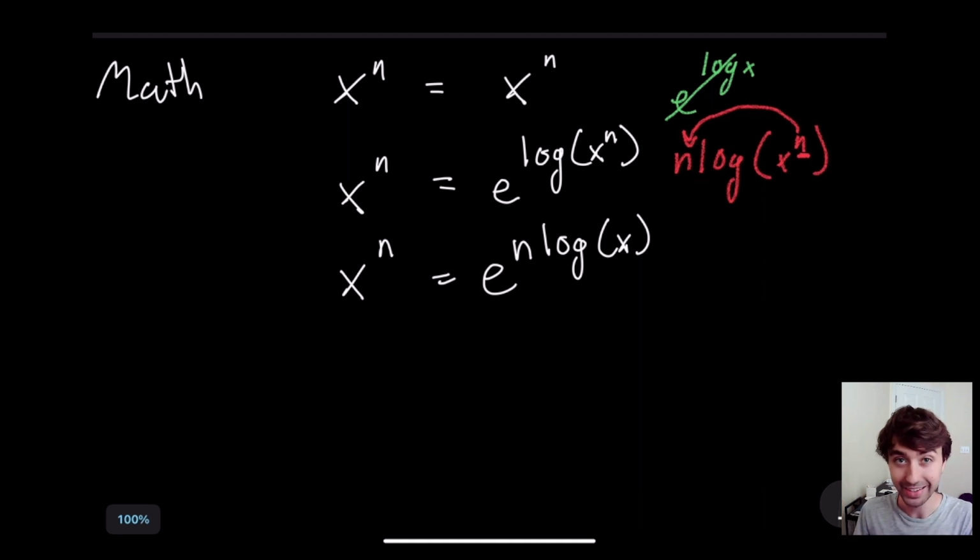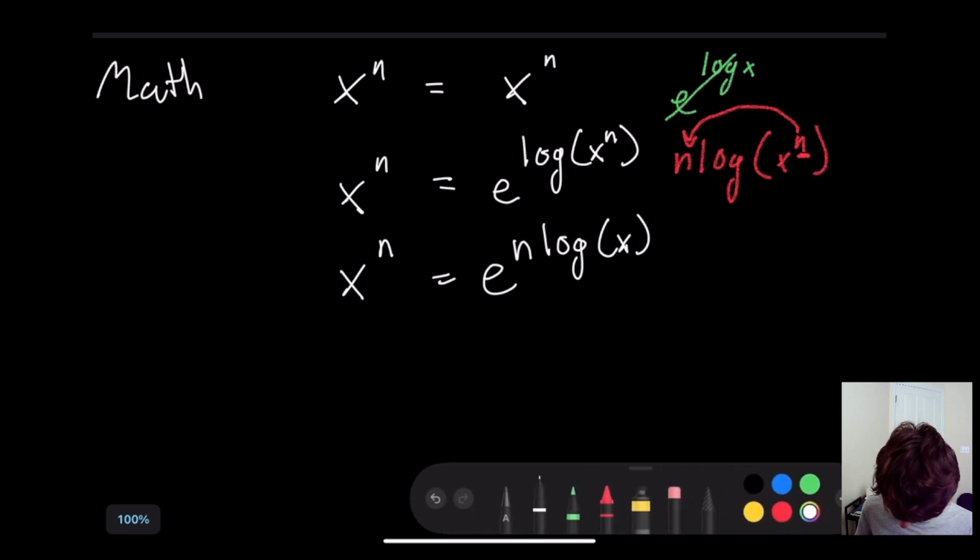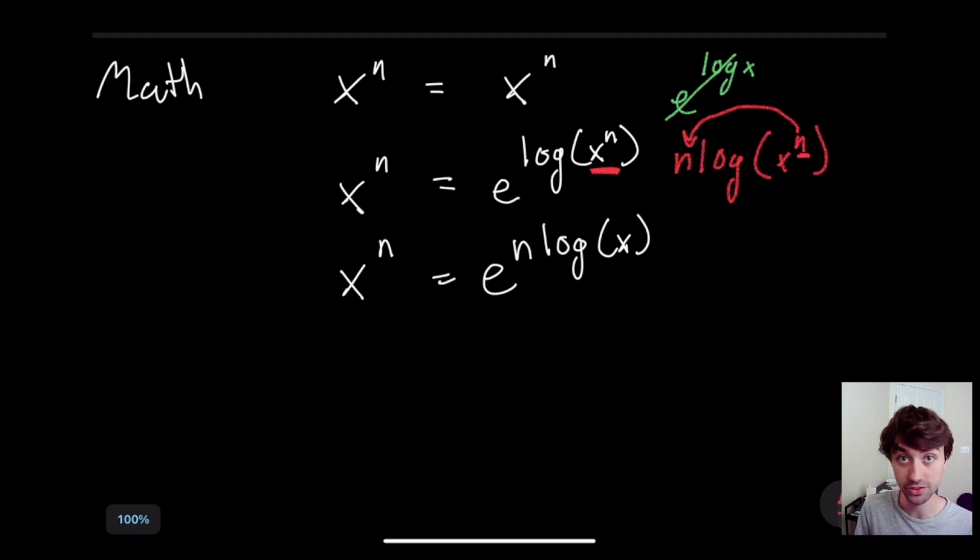The reason that last step is important is that right here in red, we couldn't just stop because it still is using an exponent. It still has x to the power of n in the equation. We're trying to completely get rid of that so that we don't have to compute an exponent or use a loop of any kind.